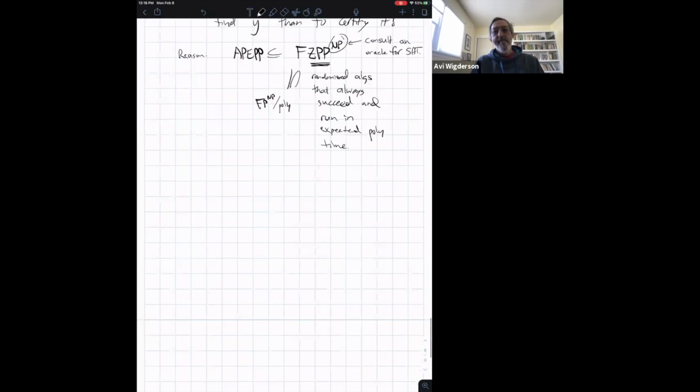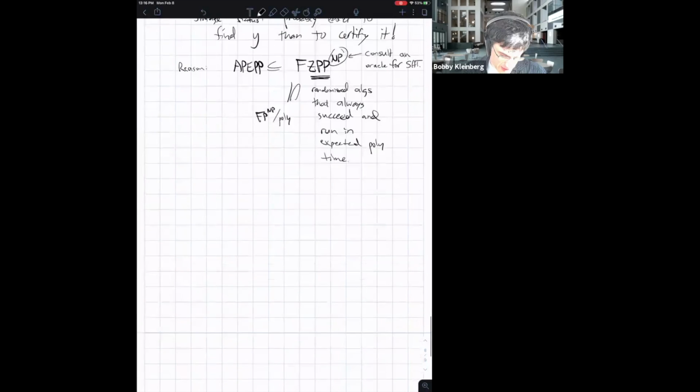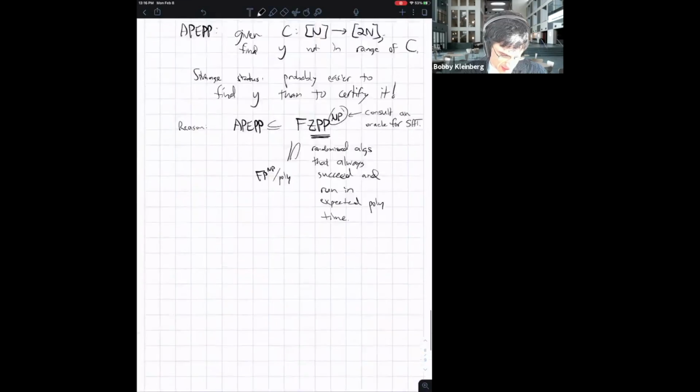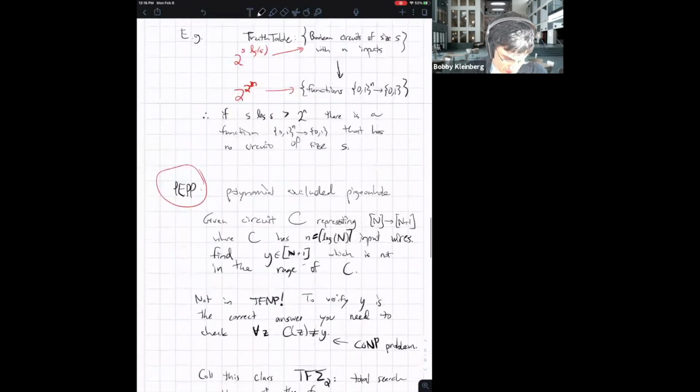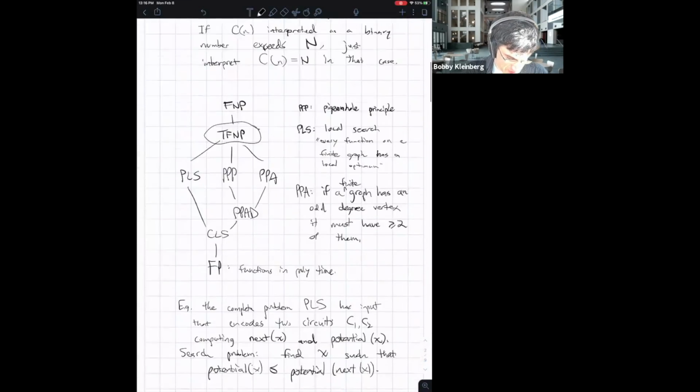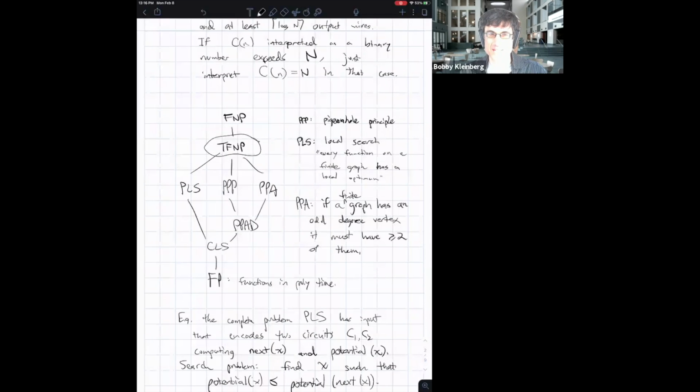Great. So at the start of the talk, I gave you a roadmap of what's known about TFNP and its subclasses. And the vital features were it contains interesting problems that are probably not in P. It probably doesn't have a complete problem.